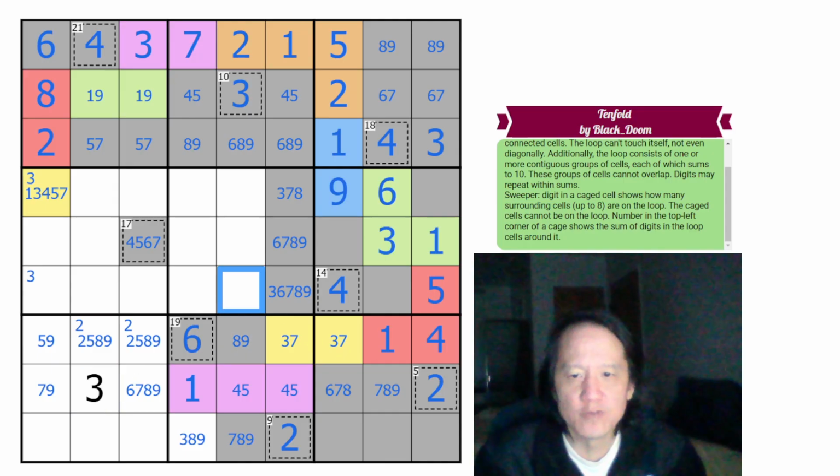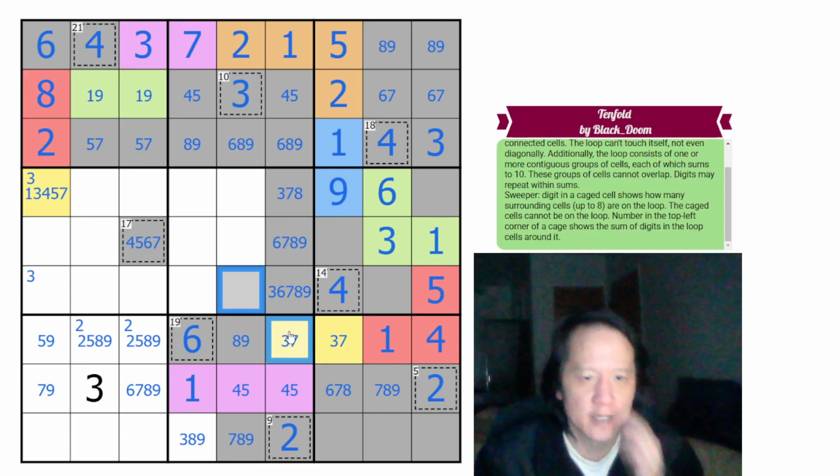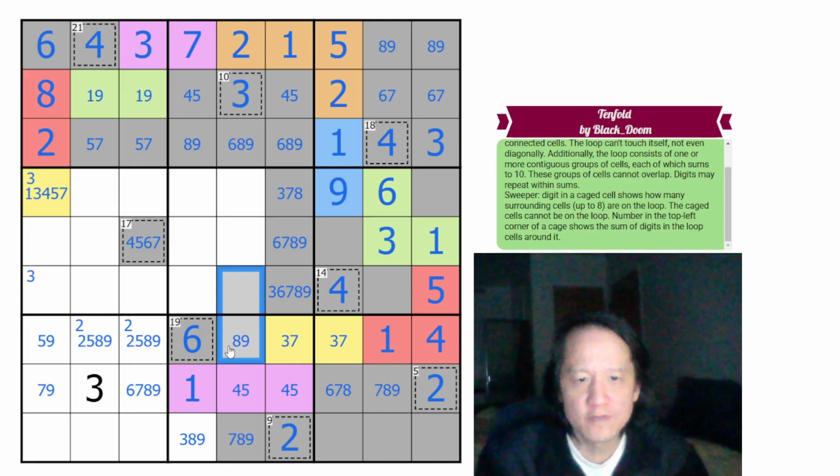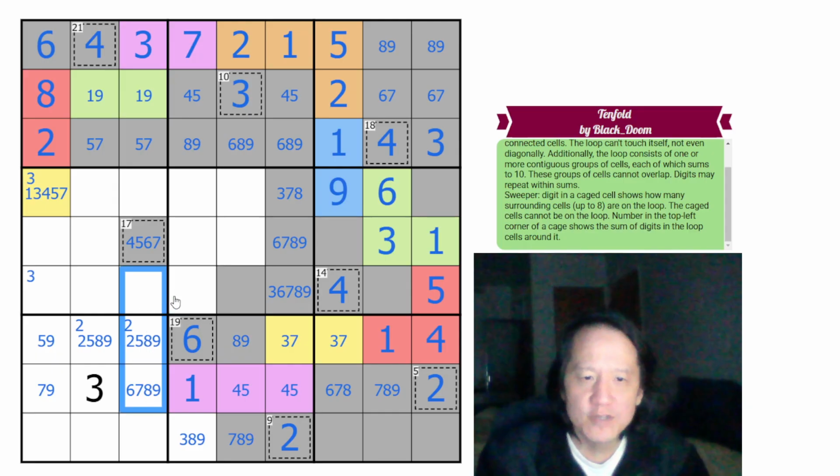This can't be part of the loop because it would touch this part of the loop, and that's not allowed. So we have only 6 more spaces around the 6. So every single part of this must be part of the loop. Therefore, these are part of the loop, and these must be part of the loop. But we don't know if it's the same set.